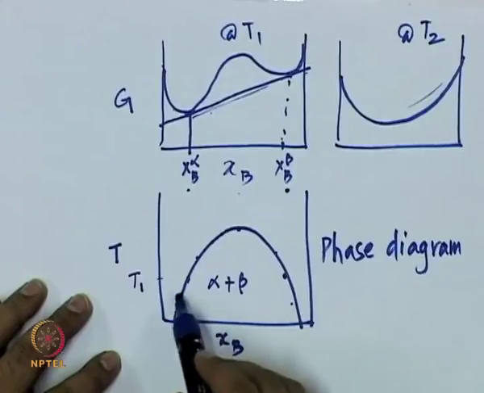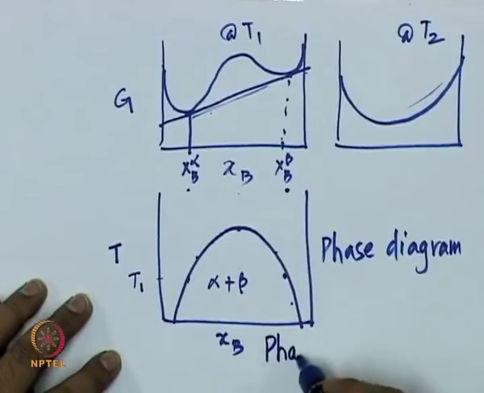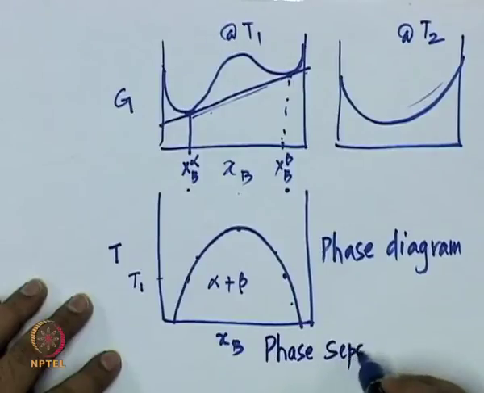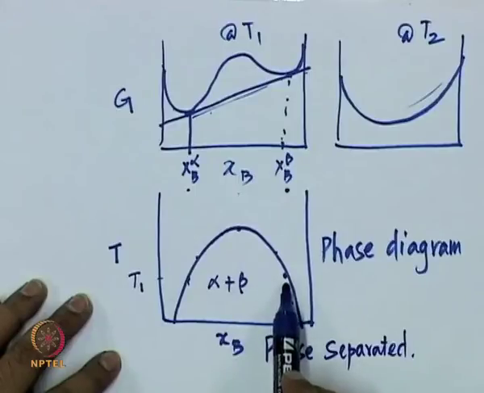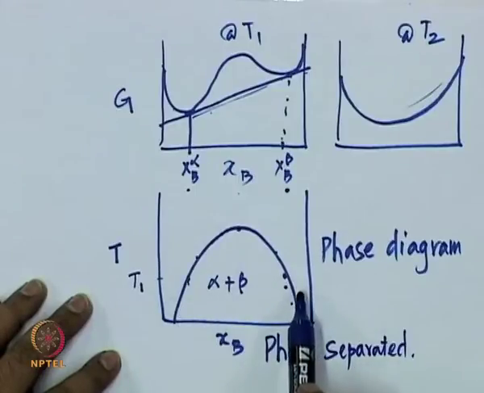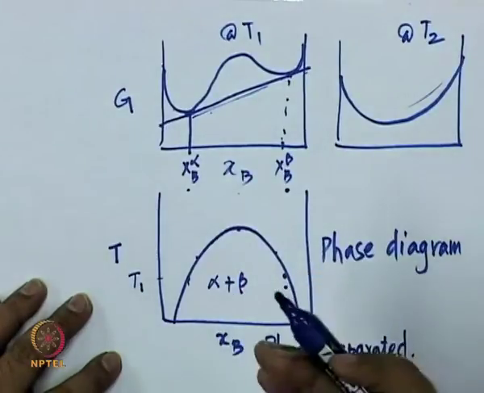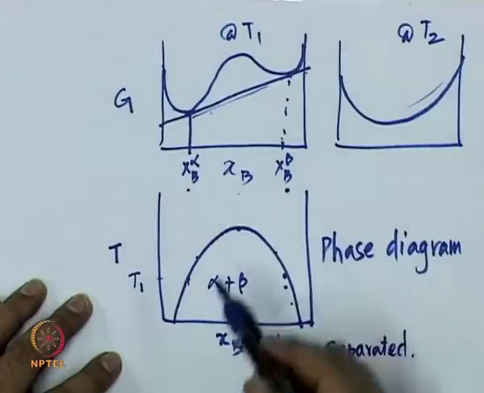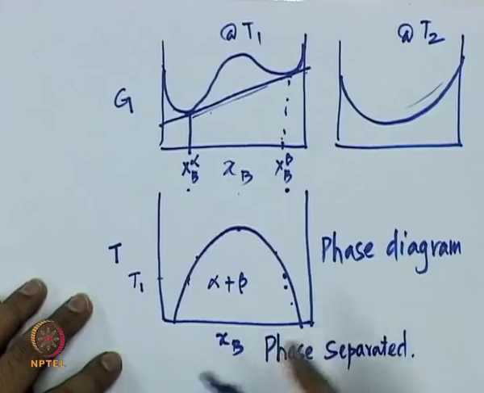So, at T1 for example, when it reaches these 2 equilibrium compositions and makes a mechanical mixture, we say that it has phase separated, that is, it has become 2 phases, one is alpha, the other one is beta. Alpha is A rich, beta is B rich. So, the system which was homogeneous, even if you prepare it as a homogeneous system, is going to go into two phases and form a mechanical mixture of these two phases. Of these two phases, one is rich in A, the other one is rich in B.